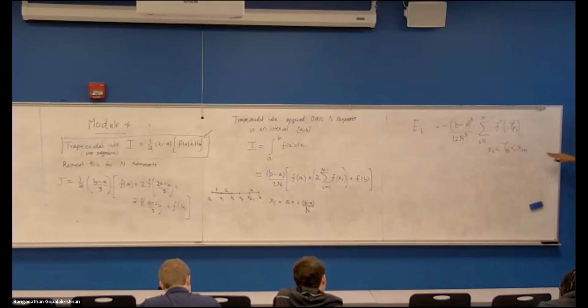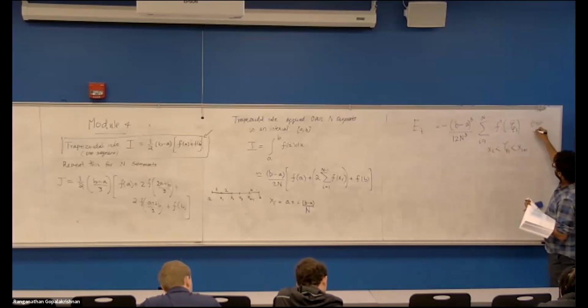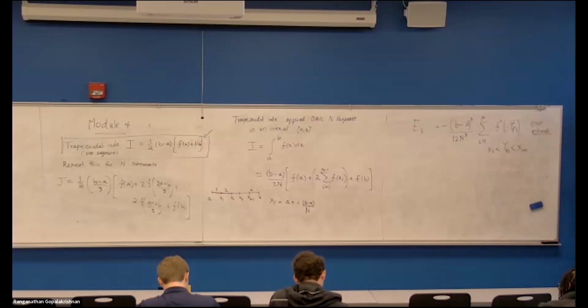That is, you are allowed to pick any value for zeta i in this interval, because what you are getting from this is an error estimate and not an absolute value of the error. So by the word estimate, what we mean is it differs from person to person, from choice to choice.